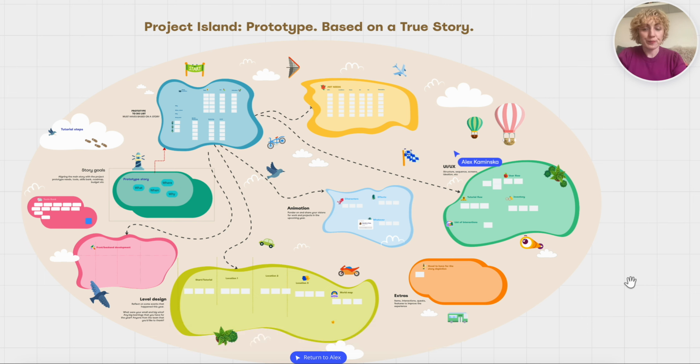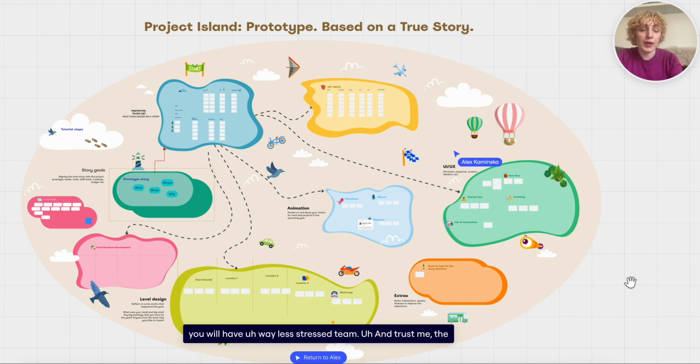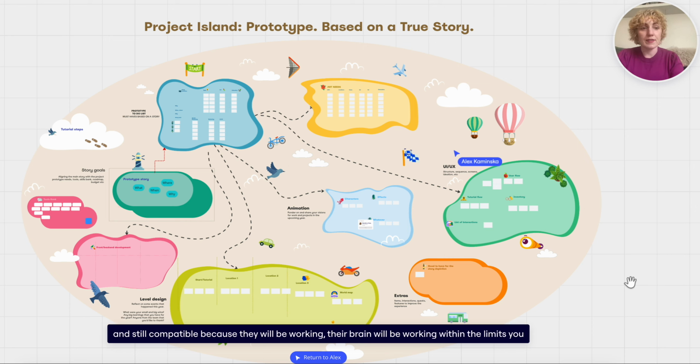In this case, you will have a much less stressed team, and trust me, a less stressed team will create much more amazing things. It will be much more creative and still compatible, because their brains will be working within the limits you set through the story and the tools.